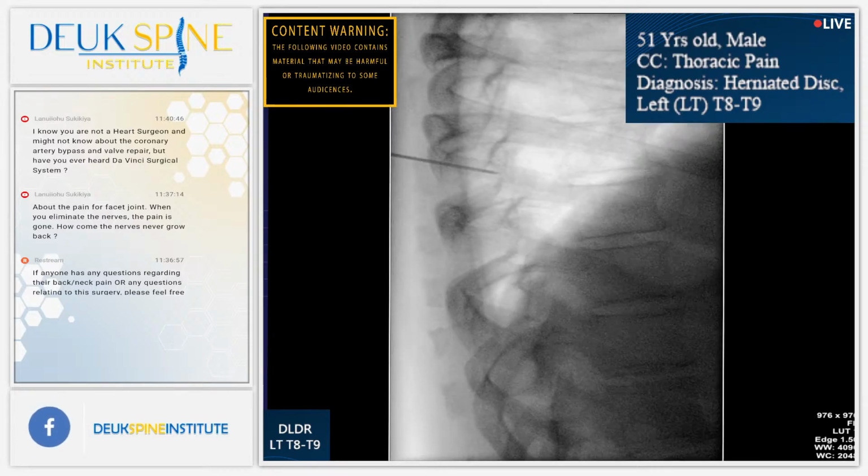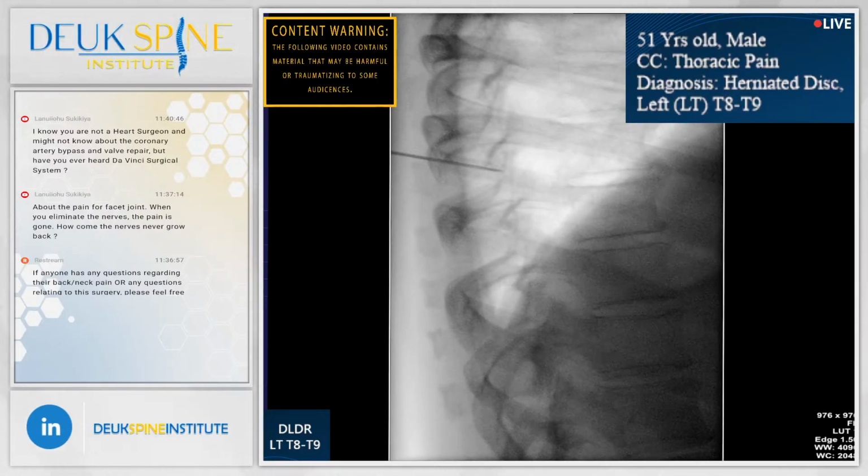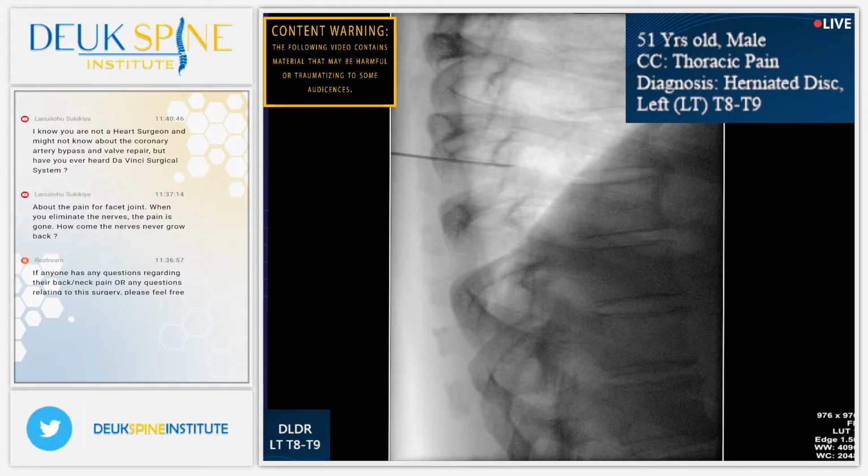Still hitting this too medial. Too superior.